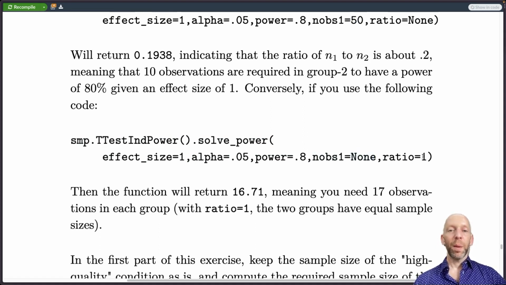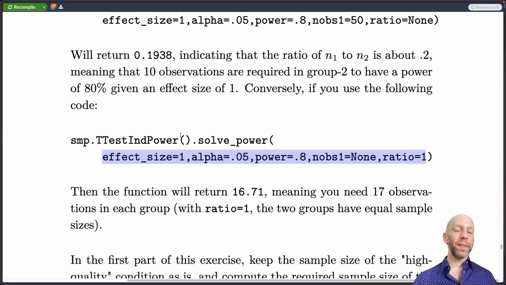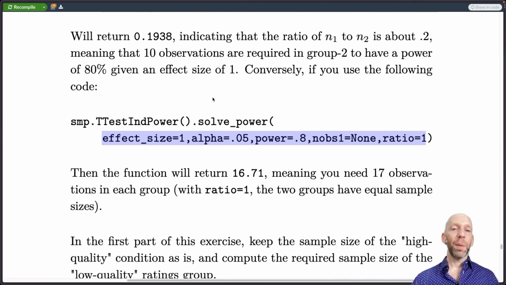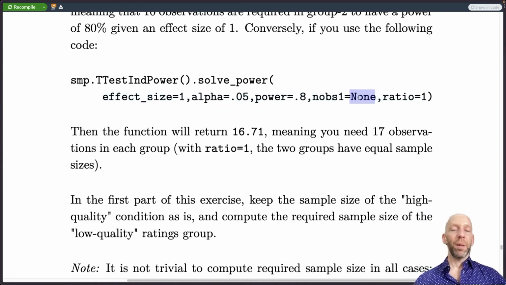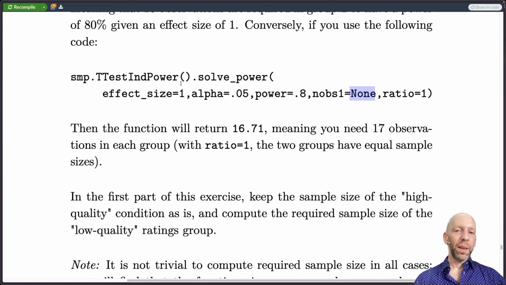So again, the concept is that you specify n minus 1 of these input options, and you leave one as none, and that's the one that gets returned. In this case, the function returns 17, which means you need 17 in each group. Because I've specified ratio equals 1, the two groups will have equal sample sizes.